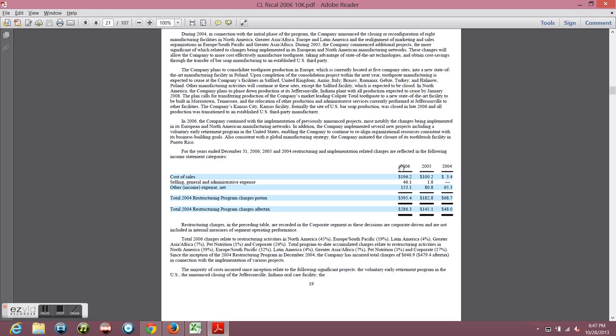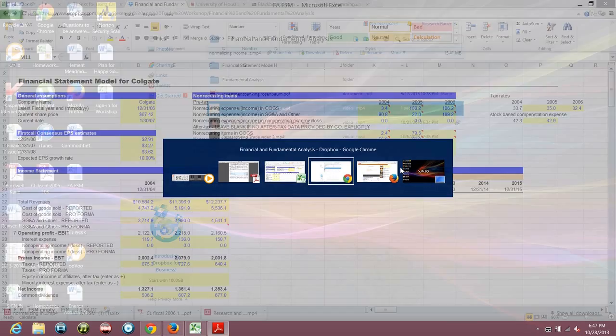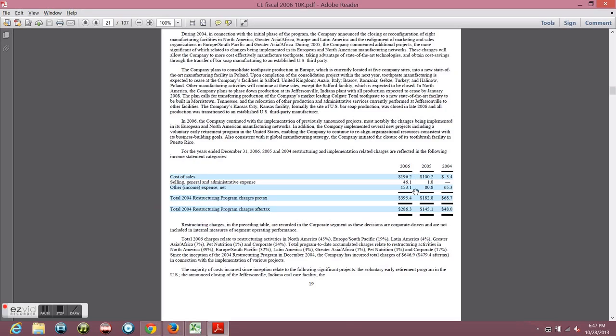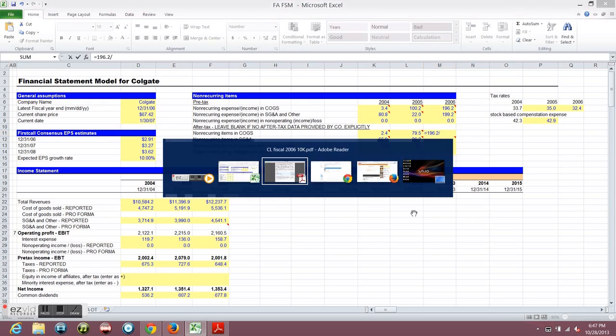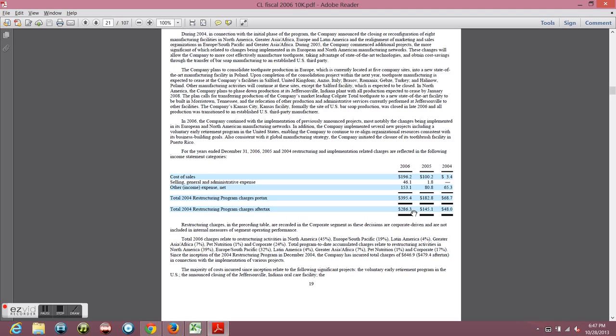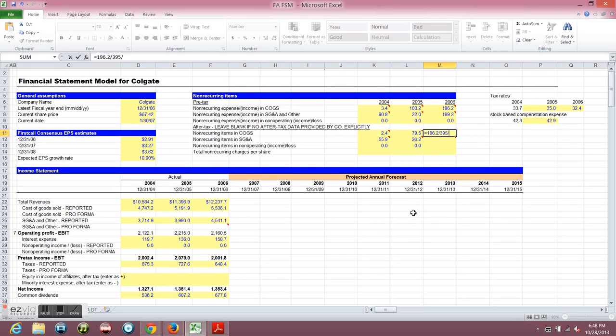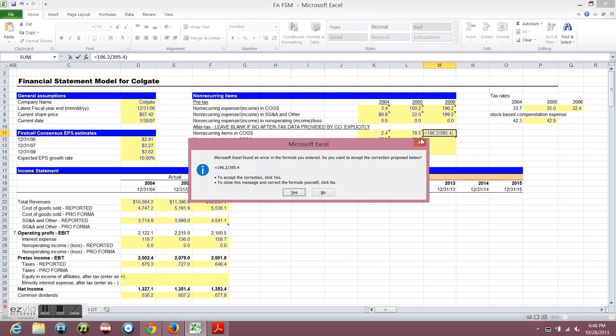So let's try it with 196.2. Sorry, 196.2 divided by 395.4 to find that proportion. And then we're going to multiply by 286.3 to get our assumed information for our COGS. Okay, so let's do that. 196.2 divided by 395.4. I'm going to put this in parentheses.